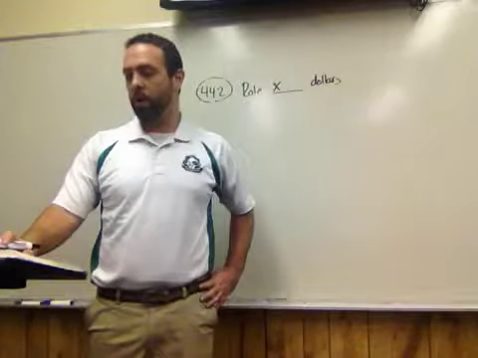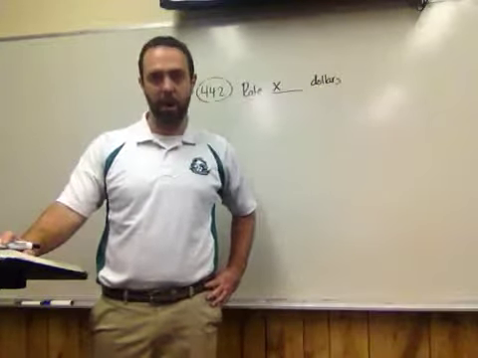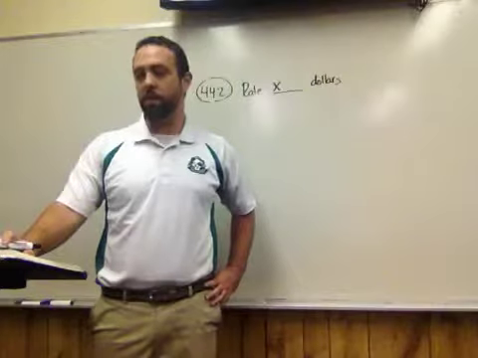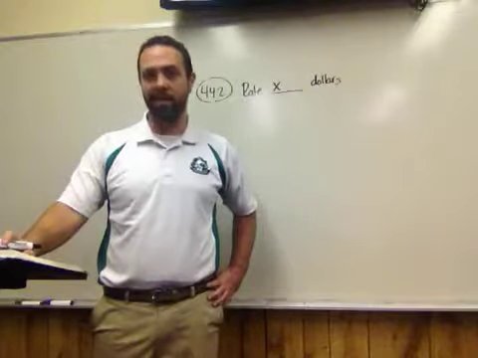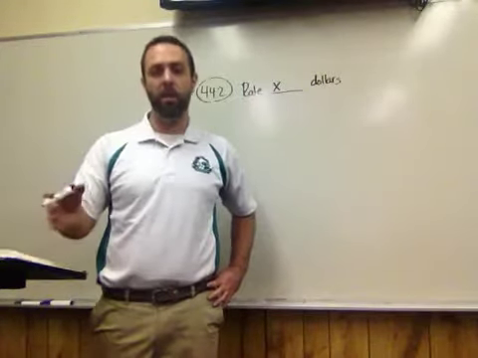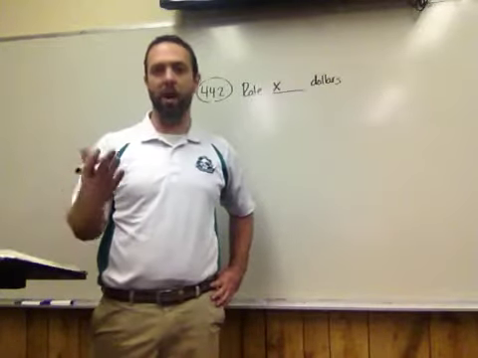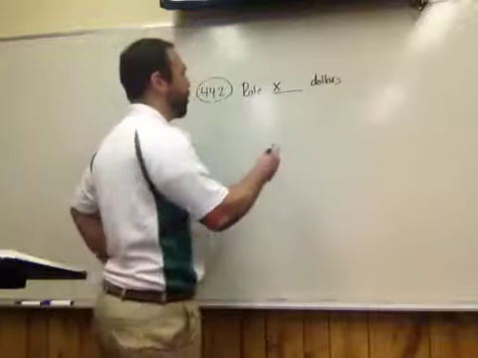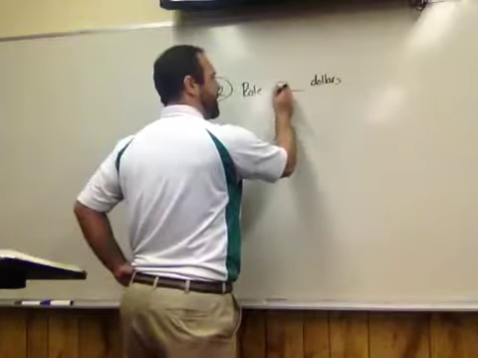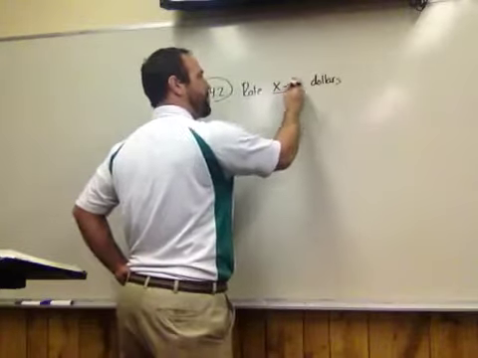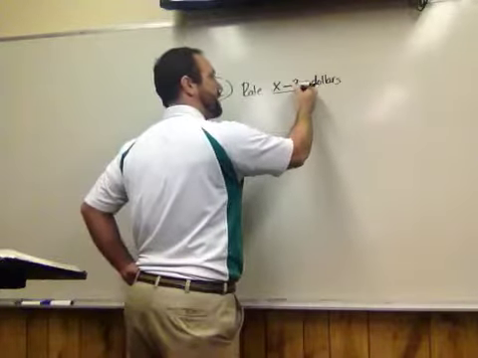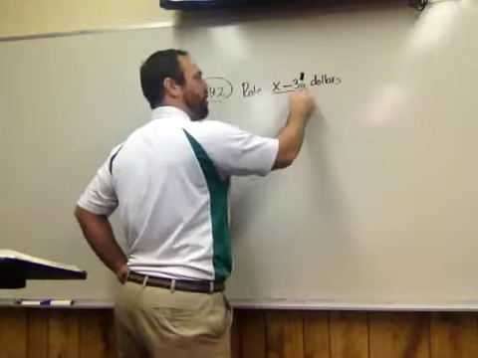So if I had 10 basketballs and each of them was $3 less, I would save 3 times 10, or $30. I would subtract that off of my cost. So when we're setting this up, I have X amount of dollars, but I'm going to subtract $3 for every basketball.